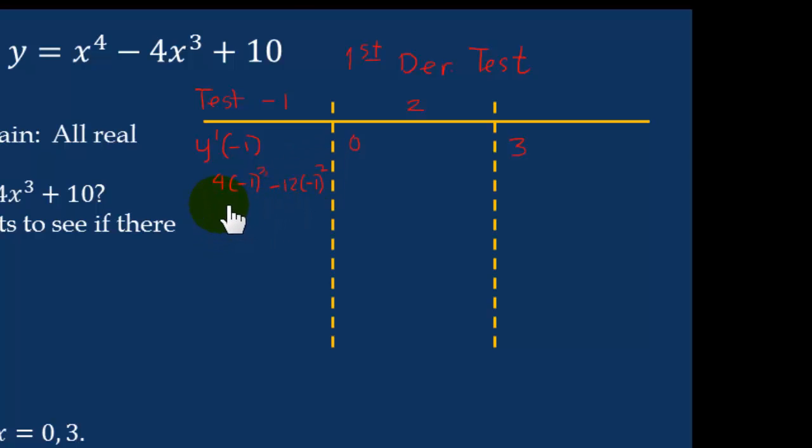This would be -4 minus 12, which is negative. So it is decreasing on the interval from minus infinity to 0.